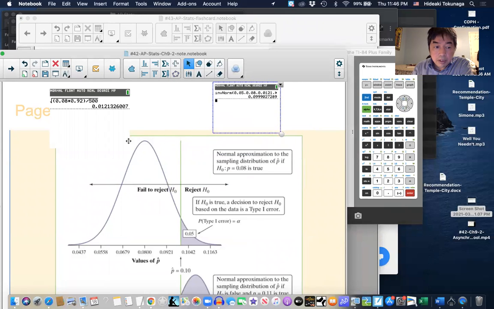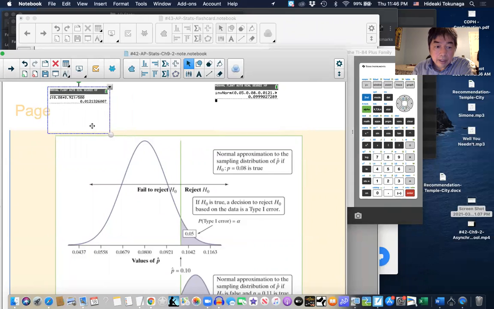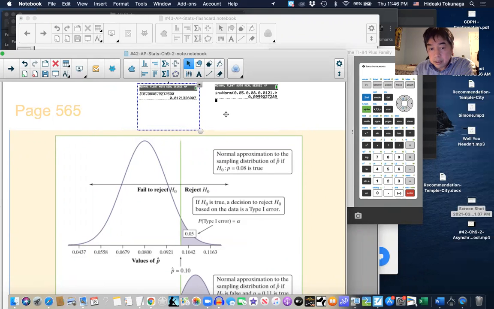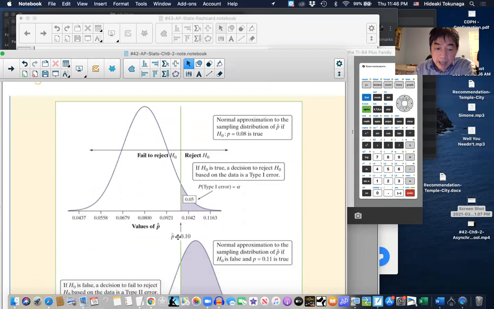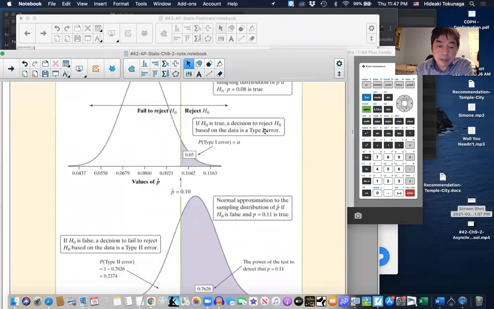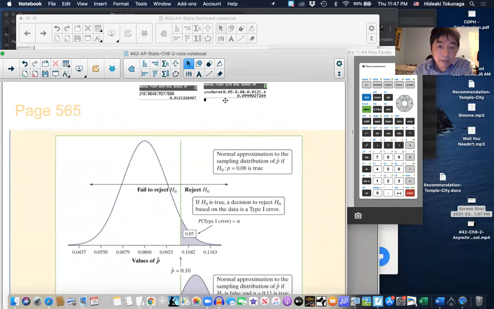I wanted you to remember how I got the standard deviation, and how I got this distribution. Cutoff line is 0.10. So p hat, now they use p hat. I wrote down this is standard deviation, but maybe I didn't write down the equation.